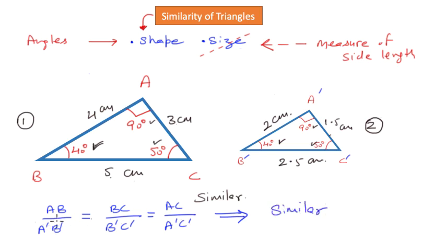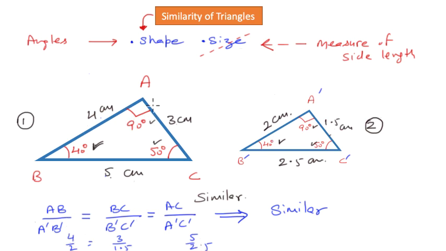This ratio tells us how large or how small we are compressing one shape to another. In this case, 4 divided by 2 is 2, 5 over 2.5 is 2, and BC over B prime C prime is 3 over 1.5, which is also 2. Because we compressed it to exactly half, the ratio must be maintained between corresponding sides.